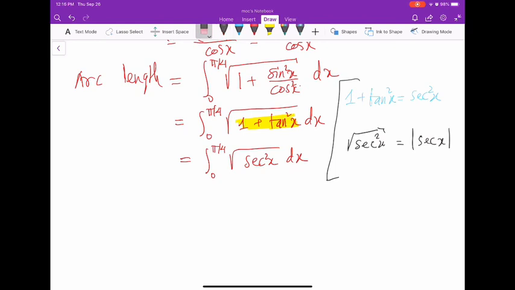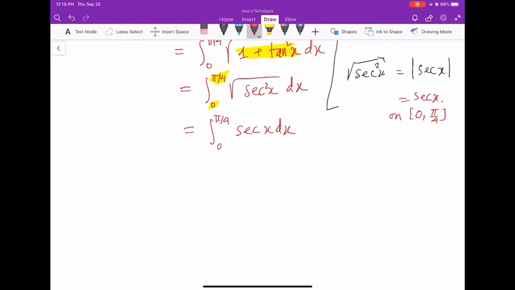But we are considering the function on 0 to pi over 4, and on this interval all elementary trig functions are positive, like tangent, cotangent, secant, cosecant, sine, cosine. So in this situation, I can write that is just the integral from 0 to pi over 4 of secant of x dx, because secant is positive in this case.